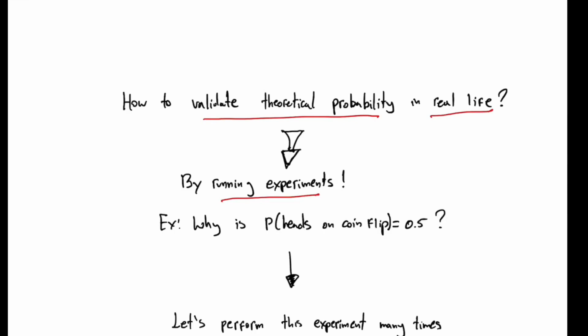So let's ask a question. It's always really important to question things and not just use formulas, and to understand what formulas are doing. Let's say a question: why is the probability of heads on a coin flip 0.5? How does it manifest in the real world? Well, we've already introduced the notion of an experiment. So what we're going to do is perform an experiment many times.